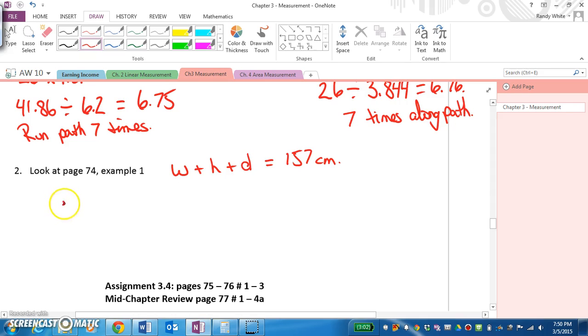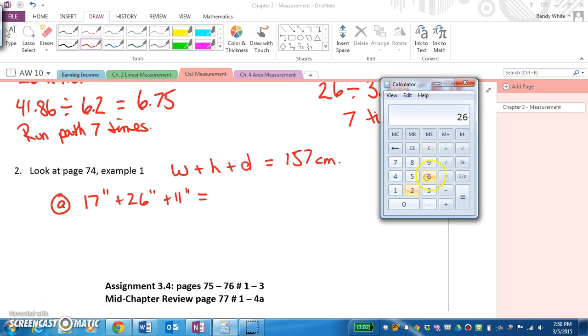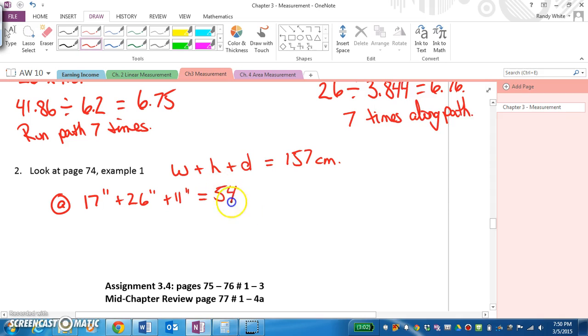So let's take a look at the first one. I've got 17 inches plus 26 inches plus 11 inches. When I add those up together, 26 plus 17 plus 11, it's 54 inches. But I need to know in centimeters. So this time again, I'm going from imperial to metric.